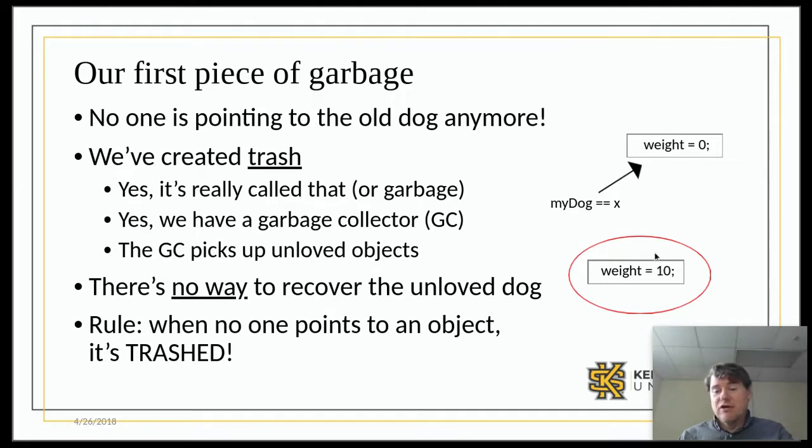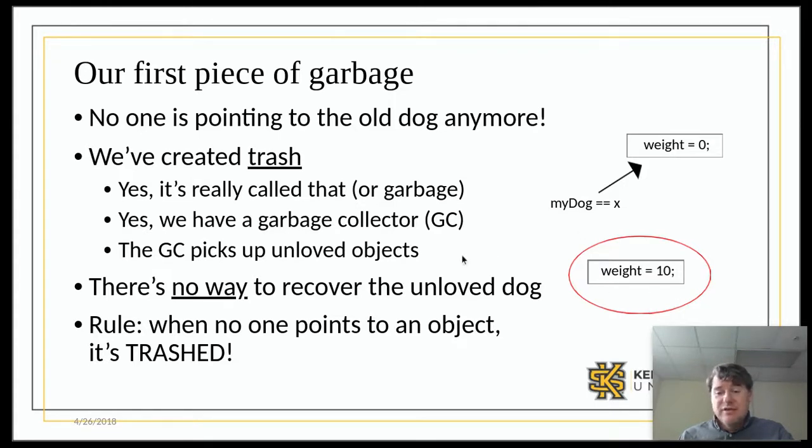There is nothing referencing this blob of memory. It's still technically there in the heap for right now, but there's no way to access it. I have no variable that will get me to this blob of memory. The only variable I have left here is this new X. So what's going to happen to this old dog that was down here?